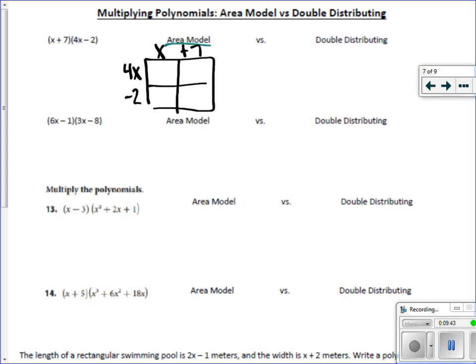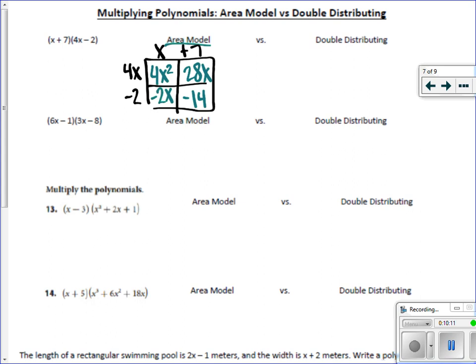What would be in the top left of that area model? 4x squared. What would be in the bottom left? Negative 2x. What would be in the top right? 28x, and then what about the bottom right? Negative 14.